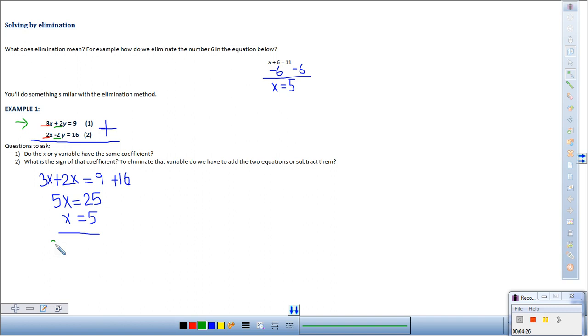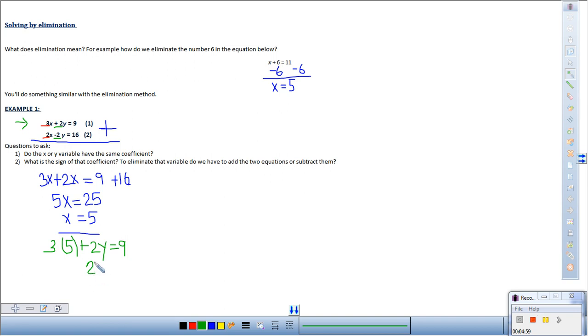So I have 3 times 5, because instead of x now we're substituting and we're using 5. So 3 times 5 plus 2y equals 9. Just like we had above, we have to simplify and solve for the y variable. 3 times 5 is 15, and I have to eliminate it from the left-hand side to properly isolate y.